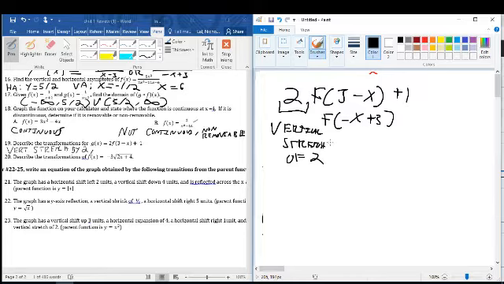Factor out that negative 1, f of negative 1 times x minus 3, plus 1, okay?